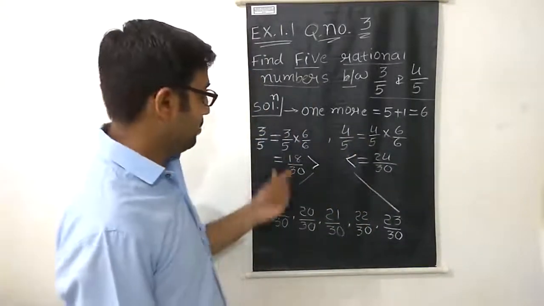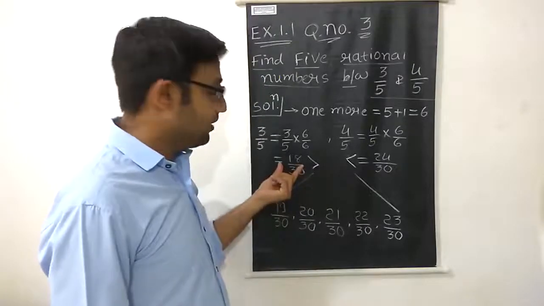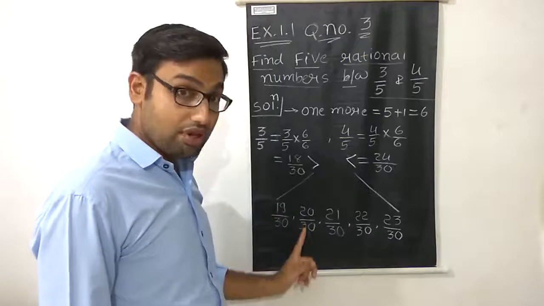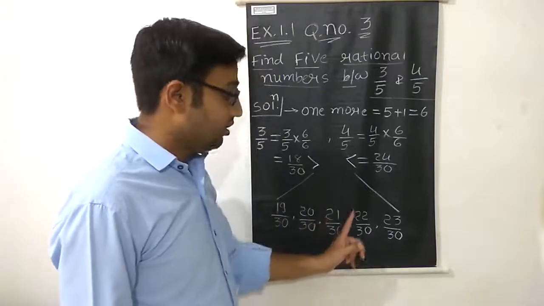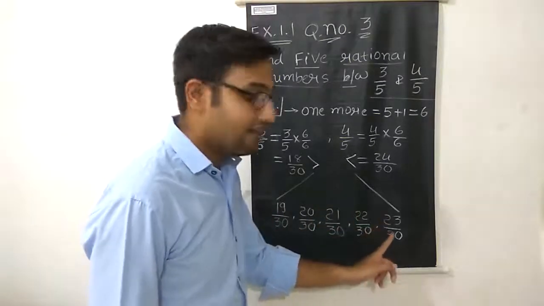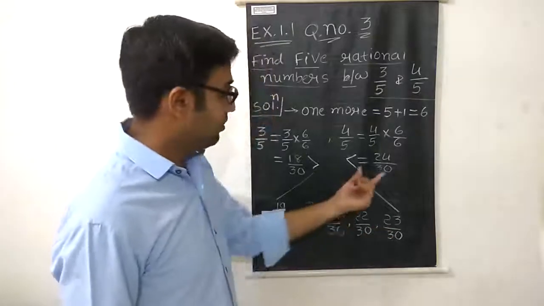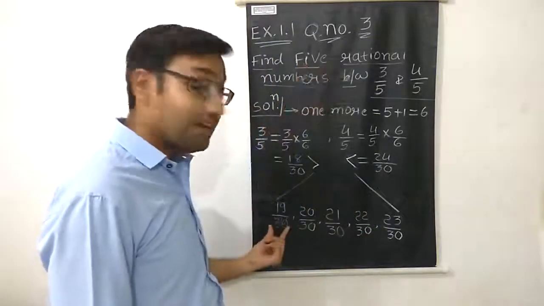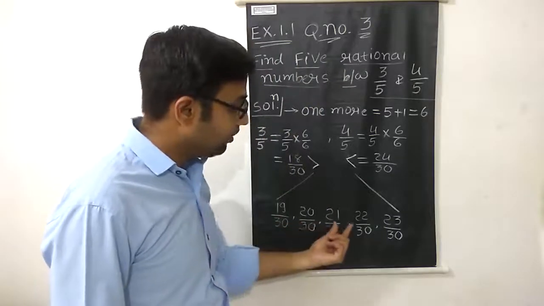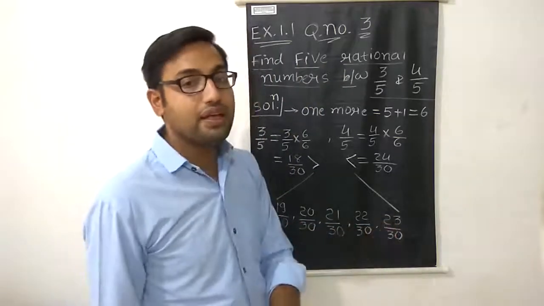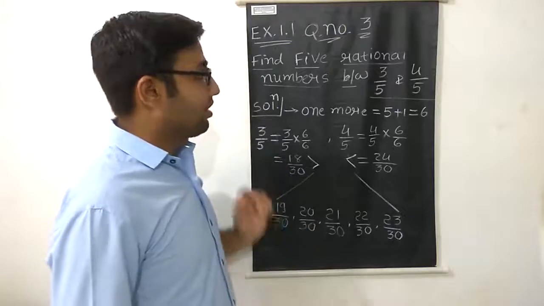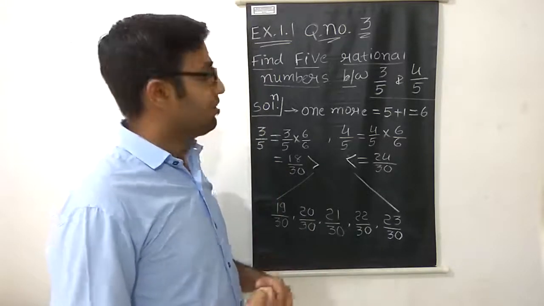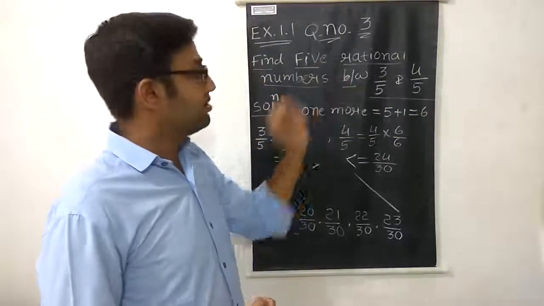The number greater than 18 upon 30 is 19 upon 30, then 20 upon 30, 21 upon 30, 22 upon 30, 23 upon 30. We were asked to find 5 rational numbers, and here they are: 1, 2, 3, 4 and 5. So this is the method by which you can find any rational numbers asked in the questions.